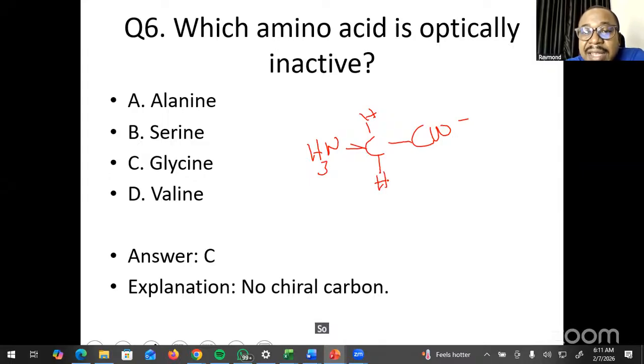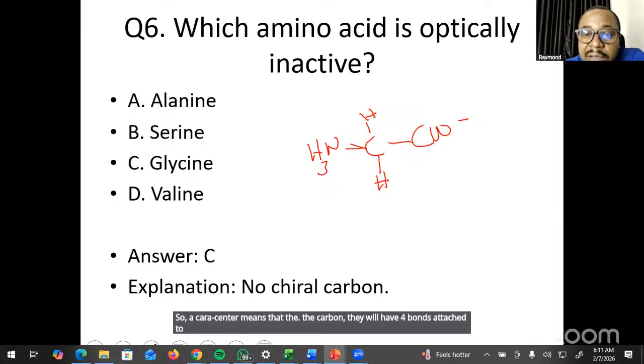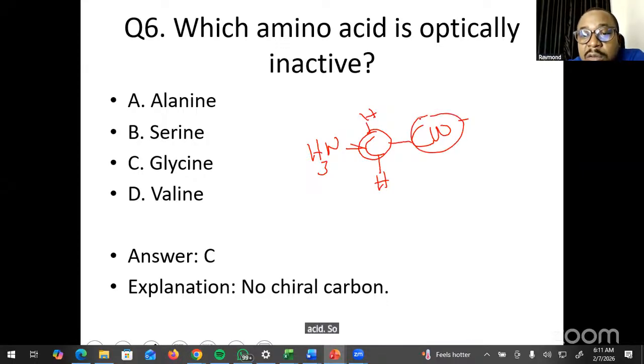So a chiral center means that a carbon there will have 4 different groups attached to it. Now this is the alpha carbon that makes us call it alpha amino acid. So this one is one functional group. This is the other functional group.